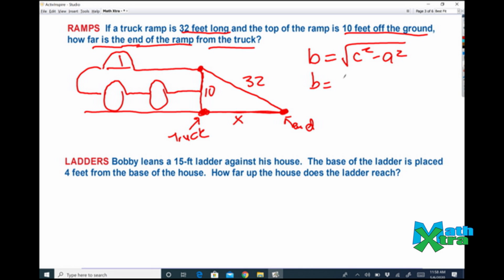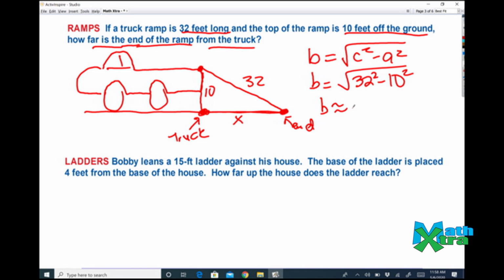B is going to be equal to the square root of 32 squared minus 10 squared. We put that into our handy dandy Math Xtra calculator. We get B is approximately 30.4. What are our units? Feet.